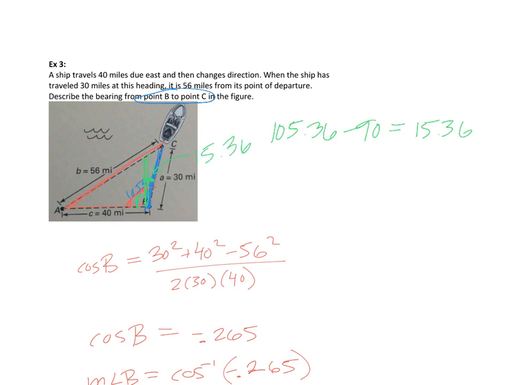So what's the direction I'm going? I'm going this direction here, which is north to start with, and then which direction am I going? East or west? I'm going east. So I'm going east, but how many degrees? 15.36 degrees. That's all there is to it. Just refreshing your memory there with bearings as well.